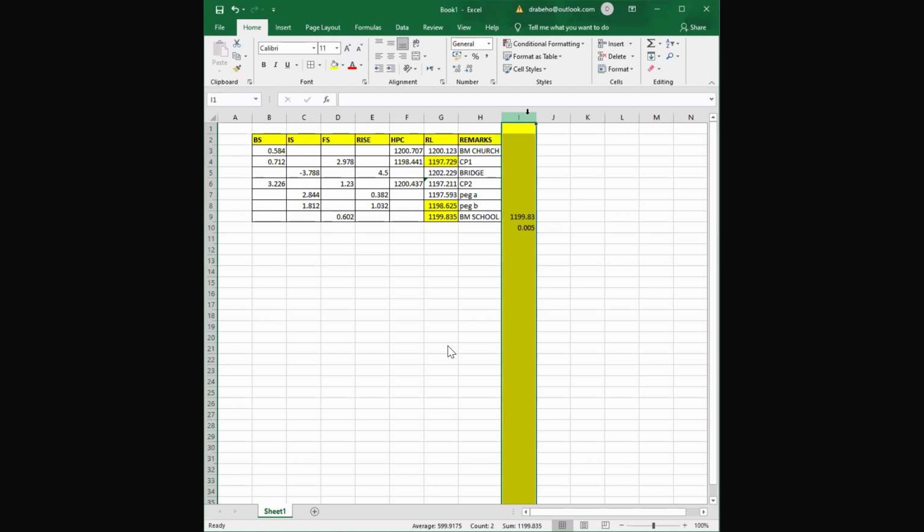But if it is within the allowable, then we will see how to distribute this error to adjust the readings that we have computed. And then we add some of the other corrections that we may have to apply or that affect our readings.